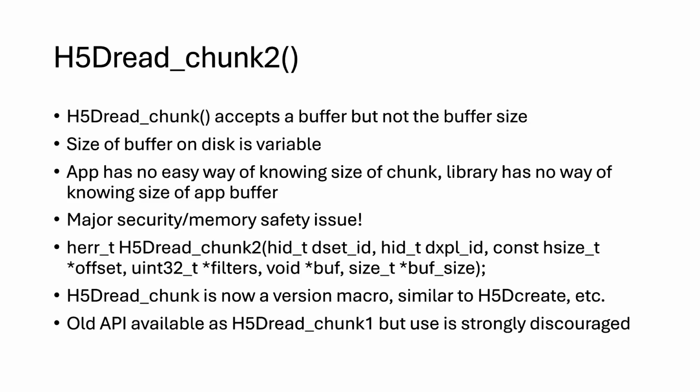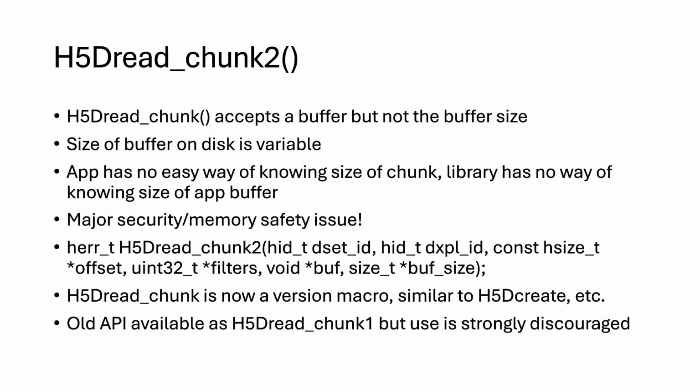But for H5Dread_chunk, because the chunk can be filtered, which can change the size of the chunk, there's no easy way, in terms of performance, for the application to know how big the chunk is on disk.